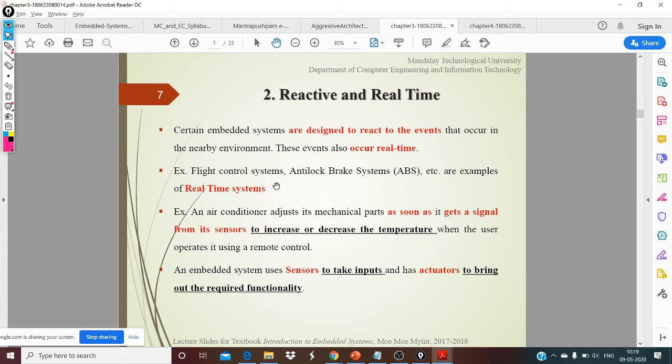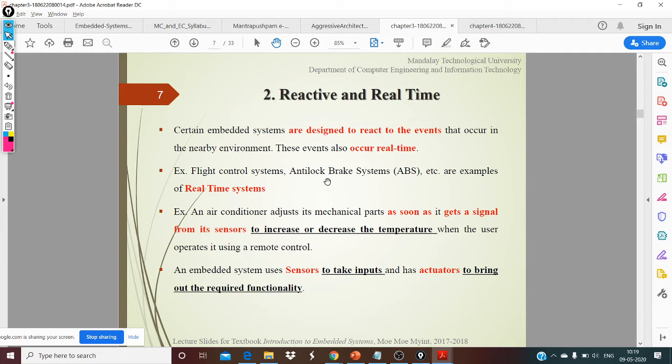Similarly, the braking system: you're driving in Bangalore, and these days there's no traffic, so you'll drive even faster. But in any condition, you apply the brake and you need to stop right then and there. Within a fraction of milliseconds, the embedded system must trigger the brakes. If it fails, it's going to lead to catastrophe.